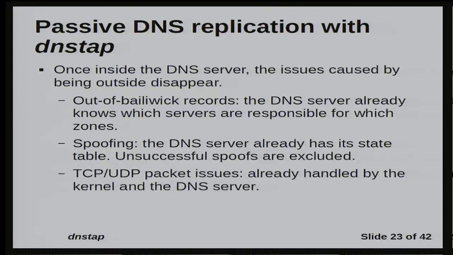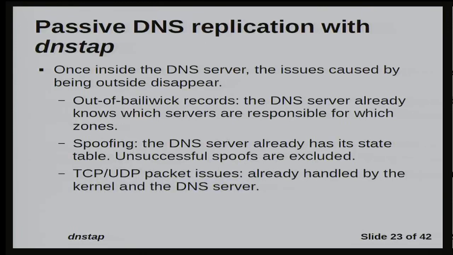Spoofing: the DNS server has already been hardened as much as it can against spoofing. So we know that it's past the state table, past all the anti-spoofing stuff that the server does. We know that that's been guaranteed for a particular response message that comes out of this mechanism.